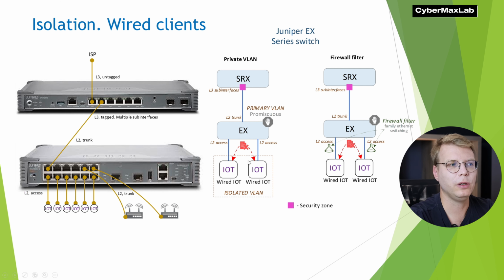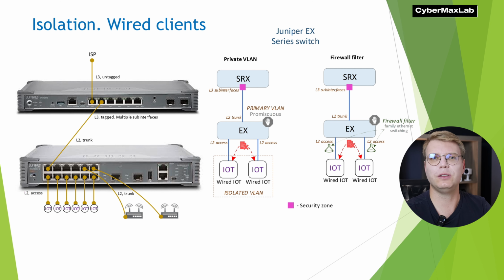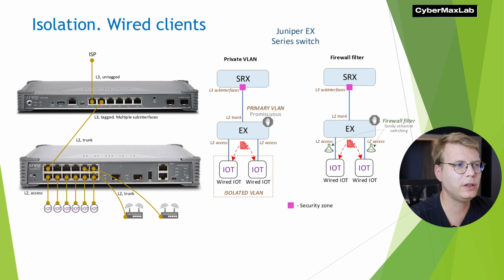On EX, we can configure something called an isolated VLAN. By placing different devices and different ports inside that VLAN, you restrict them from communicating to each other, while your upstream is called a promiscuous interface, where all the traffic is going up to the SRX, to the firewall.